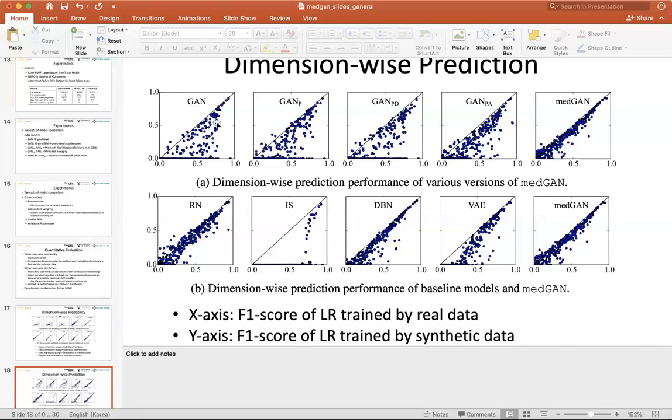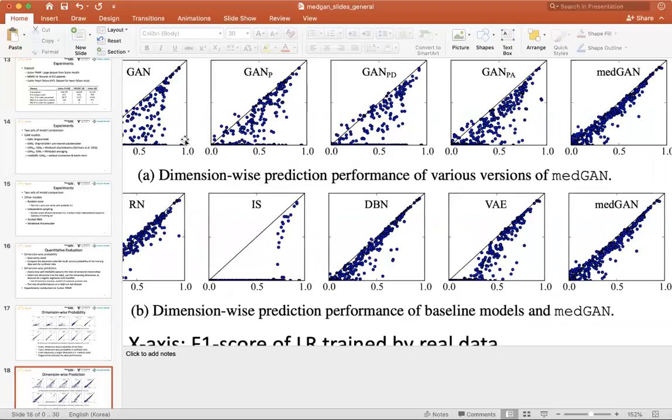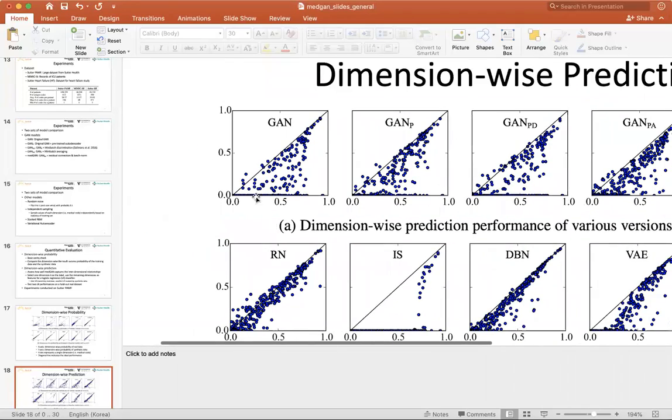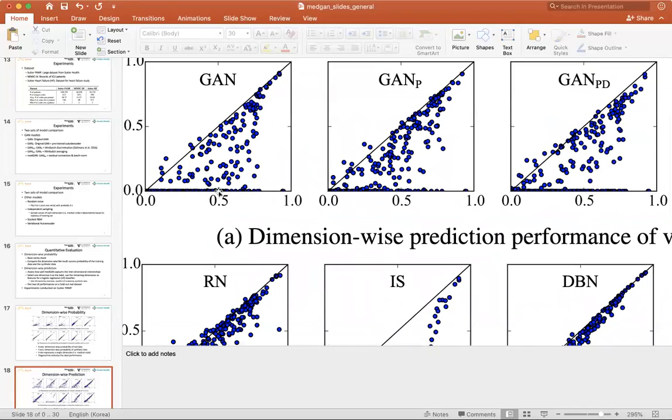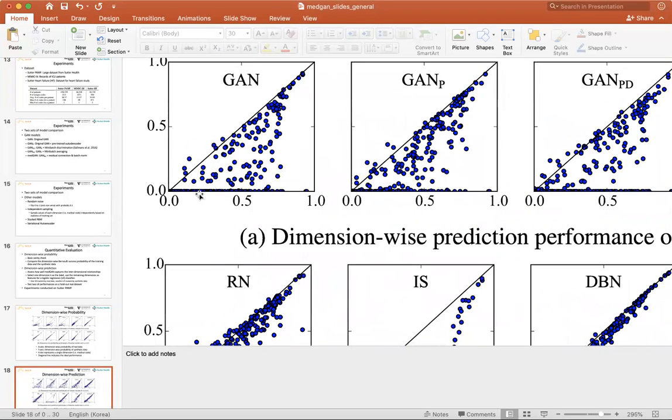All right. So again, the ablation study tells us that basic GANs, the vanilla GANs, are not doing very well, because you can see that a lot of dots are here, just attached to the bottom. Which means that for the classifier trained on the real data set, they have varying F1 scores along this line.